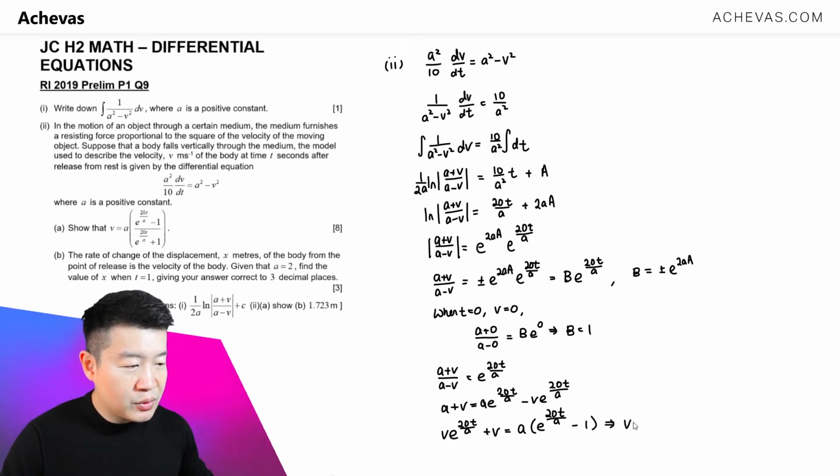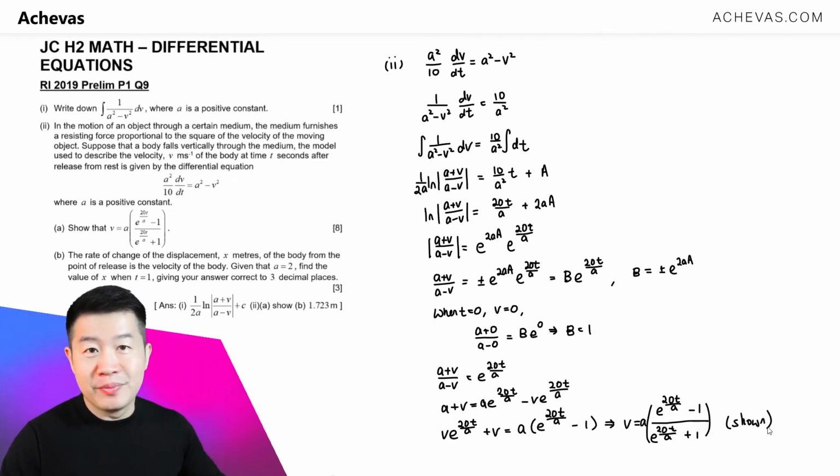So now if I were to make v the subject by dividing this over, because if I were to factorize out v, what I'm going to be left with on the left hand side here is going to be (e to the power of 20t over a, then plus 1). And multiplying by the numerator, a, I'm going to be factorizing out. So we have v equals a (e to the power of 20t over a minus 1) over (e to the power of 20t over a plus 1). And this is what the question wants us to show.